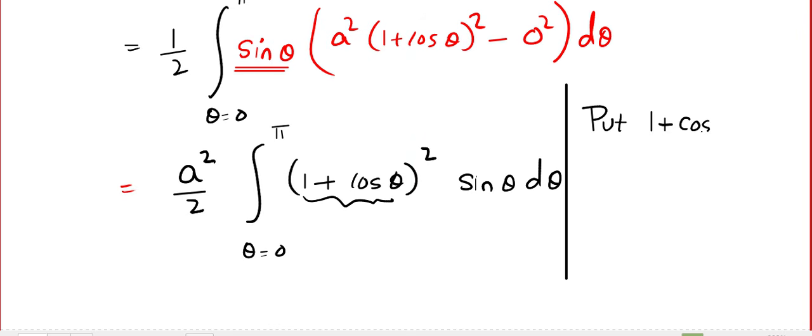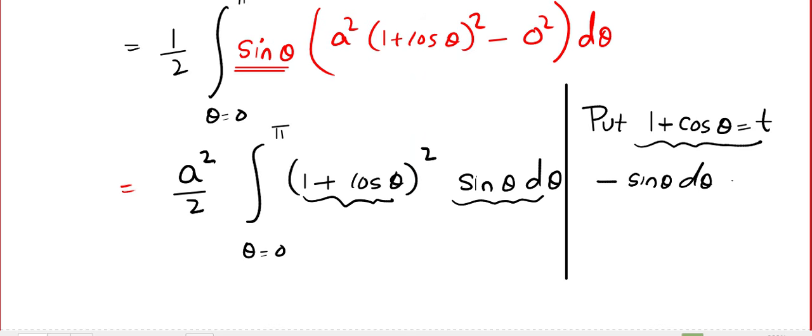So I'm going to put 1 plus cos theta is equal to t. Because I know that the differential of 1 plus cos theta is over here. I take the differentials. So minus sin theta d theta is equal to dt. So that I get sin theta d theta is equal to minus dt. I'll color it so that later I can use it.